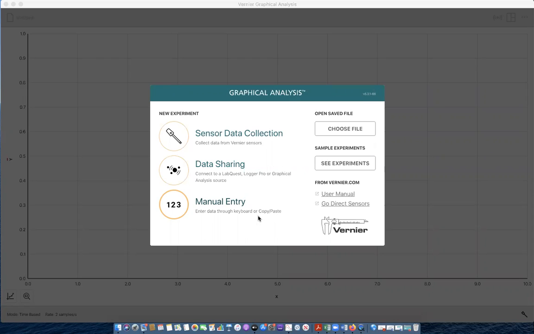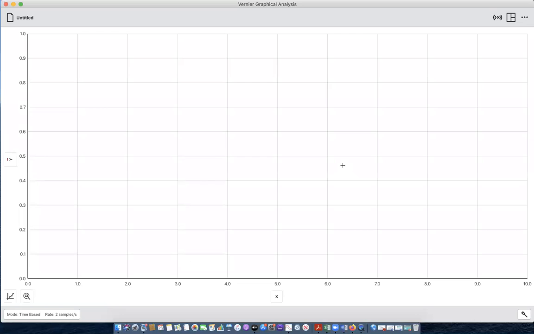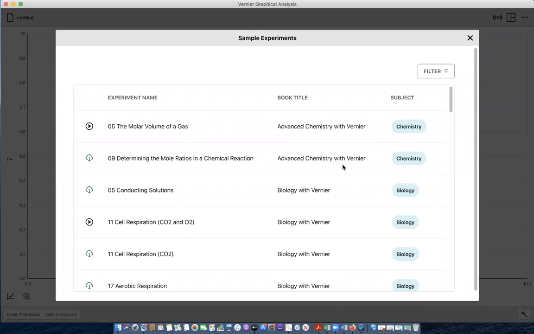Today, I would like to show you how you can use a subscription program that we have purchased called Graphical Analysis Pro, from Vernier software. What we will be able to do is take real data, have the students view the experiments that are being performed, and then take their own computer or device and do analysis of the results of that particular experiment.